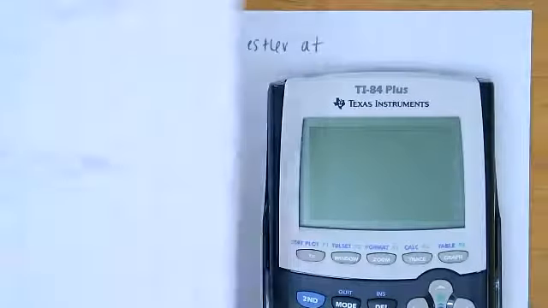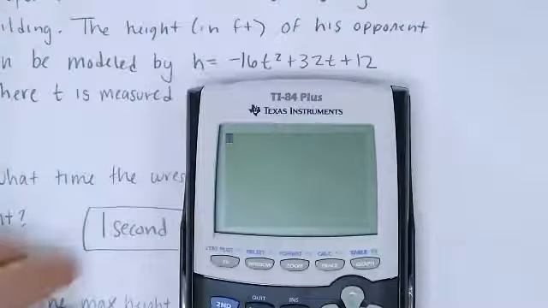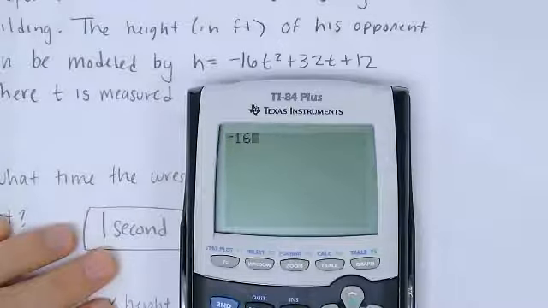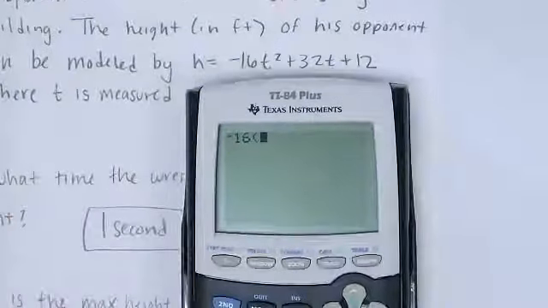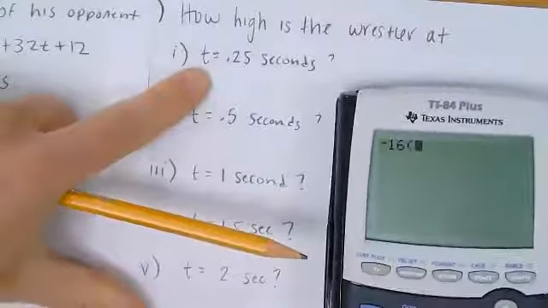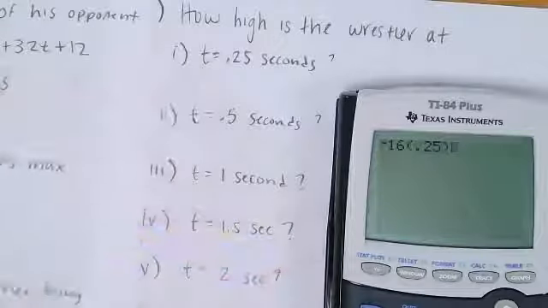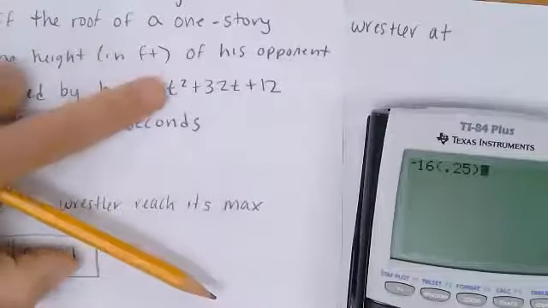Our original equation, just as a reminder, is right here. So it'd be a -16 parentheses. And remember, this question wanted us to know how high they were at 0.25 seconds. So I'm plugging in 0.25, close my parentheses. Then remember, I'm going to square it.